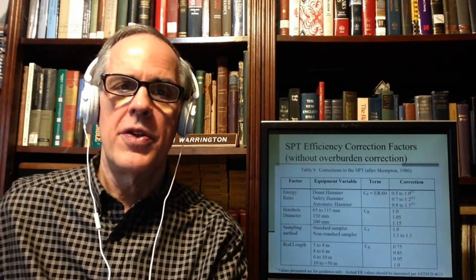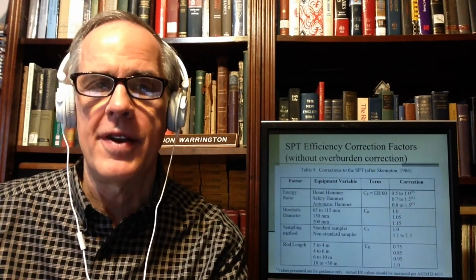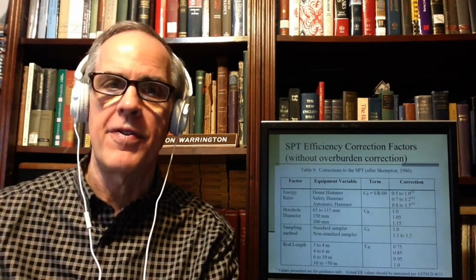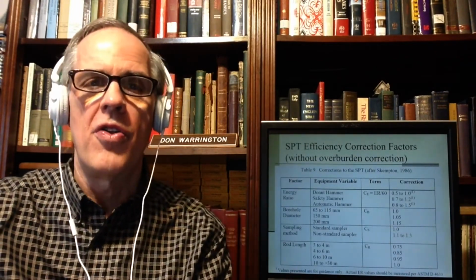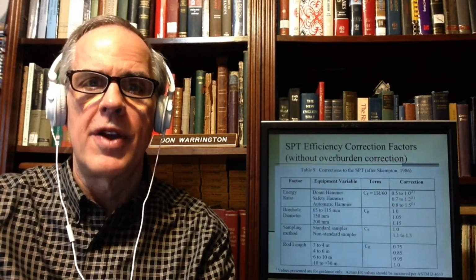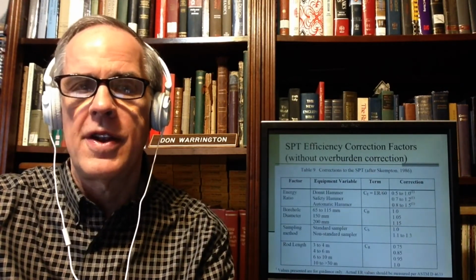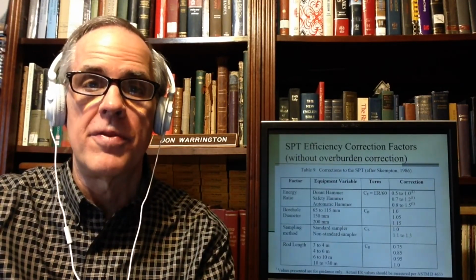So they're not much help in terms of correcting them. It can be difficult, particularly if the results are old and they didn't bother to record the efficiency. The automatic hammers, the hydraulic hammers, are more consistent, and they'll run, as you see, 80-90% efficient.